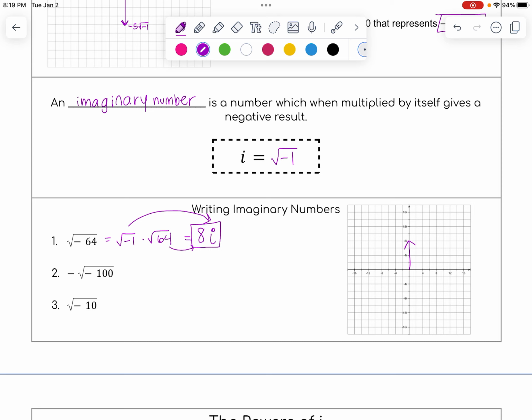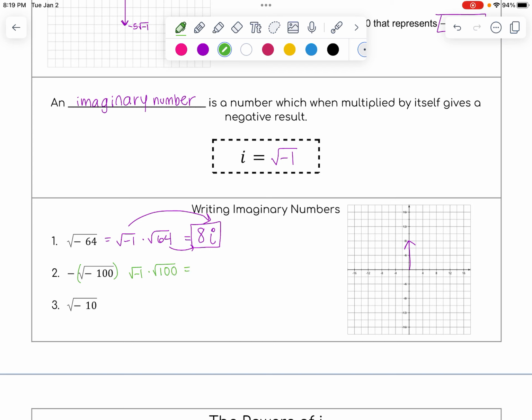The next one, I've got negative square root of -100. Before I deal with the negative out front, I'm just going to look at the square root. Square root of -100. Again, I can break this up into pieces that I know, because I know the square root of -1, and I know the square root of 100.